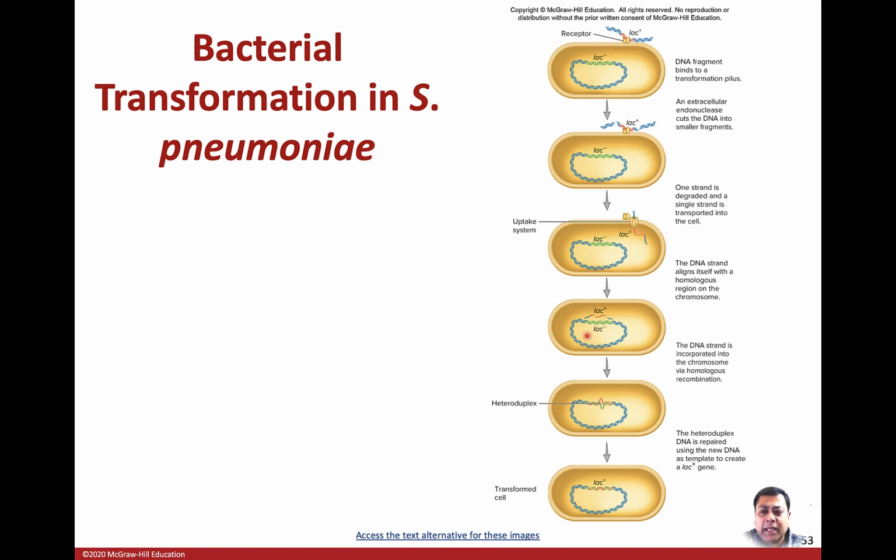After coming inside, homologous recombination can make the DNA integrate into the chromosome, forming a heteroduplex, and the new DNA template creates a lac plus gene. Now this transformed cell contains the lac plus, or lactose utilization, genes, which came inside by bacterial transformation.